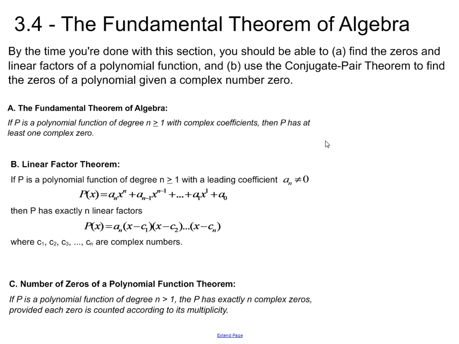However, what the fundamental theorem does is imply that if we have a polynomial p of x and its degree is greater than or equal to 1, so that means a first degree, second degree, third degree, and so on polynomial, then what can we say? Well, if p of x is a polynomial, and let's just say for argument's sake we don't know what that zero is, but we're able to find one zero.